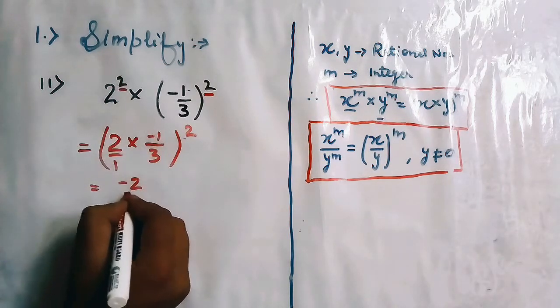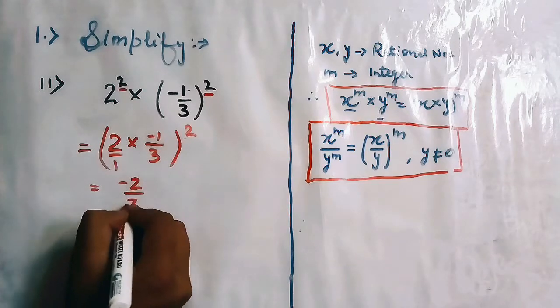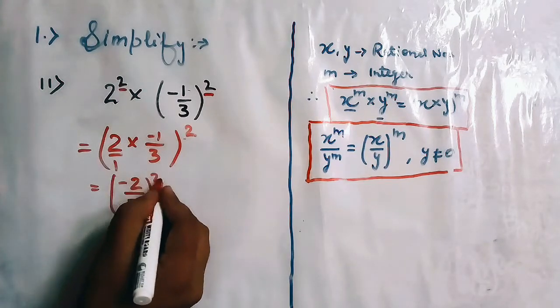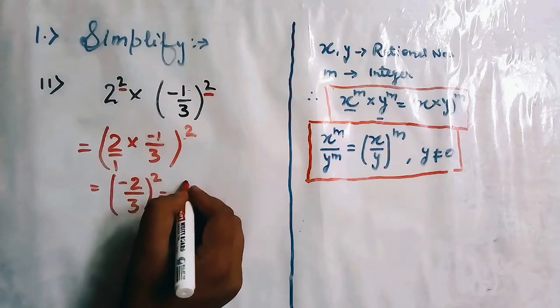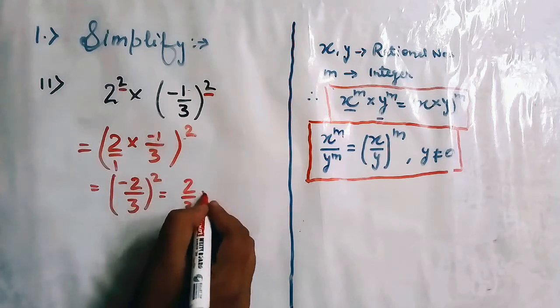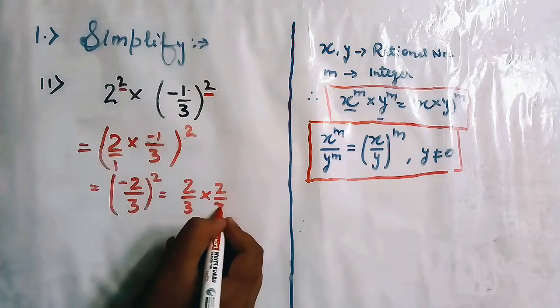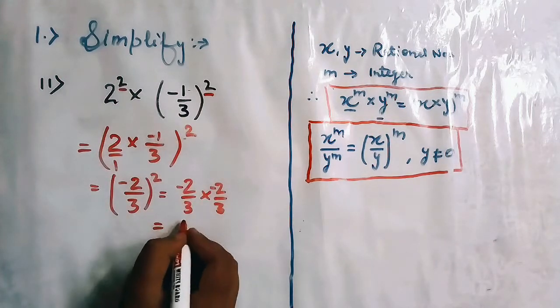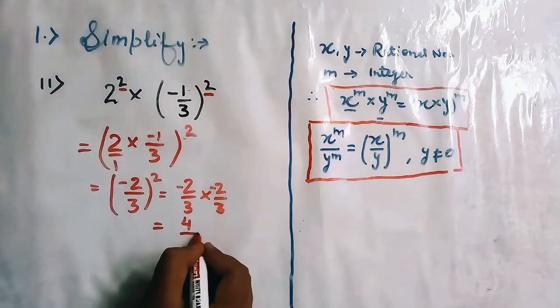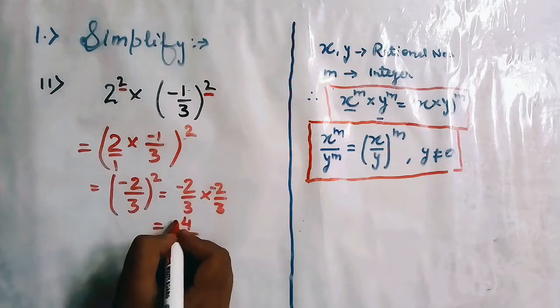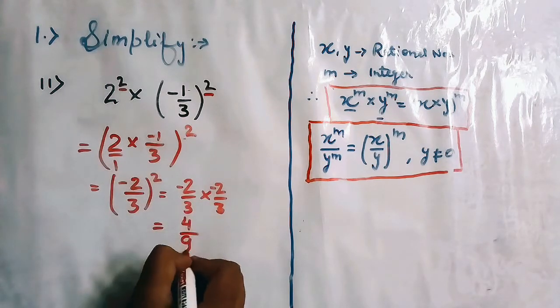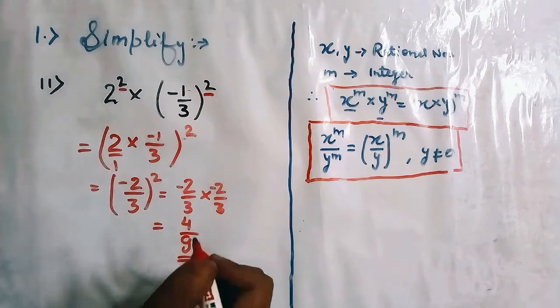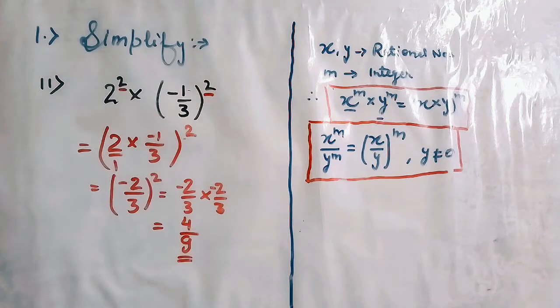So 2 into minus 1 is minus 2 and 3 ones are 3, denominator with denominator, and whole raised to power 2 is there. So multiply 2 times, minus 2 upon 3 into minus 2 upon 3. Negative negative will become positive, and 2 twos are 4 upon 3 threes are 9. 2 times minus is there, will be plus. So 4 upon 9 is your required answer.